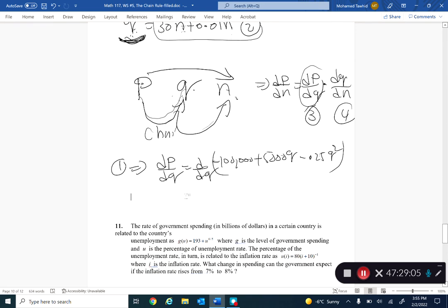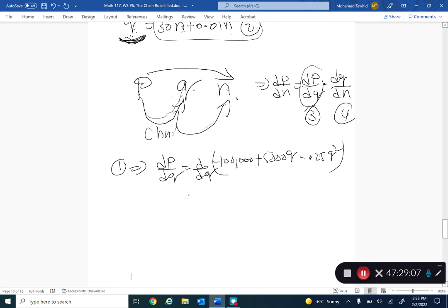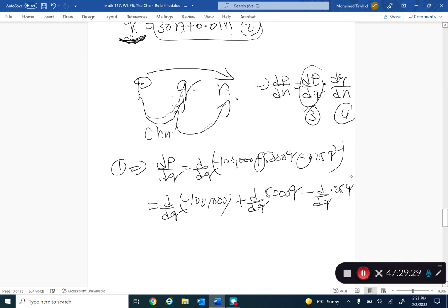The good news is that in the middle you have plus or minus, which means you take the derivative term by term. The derivative of minus 100,000, the first term, plus the derivative of the second term, 5,000 Q, minus the derivative of 0.25 Q square.